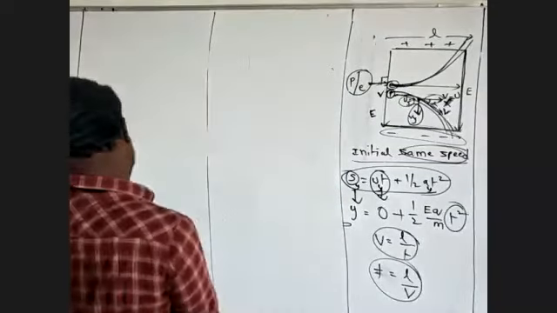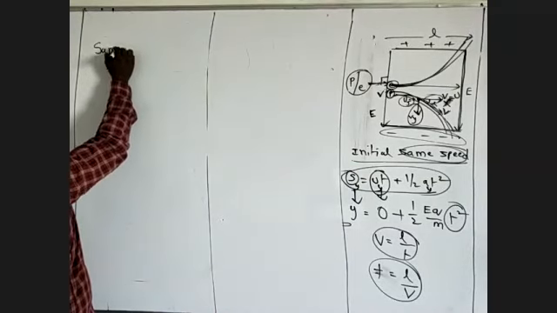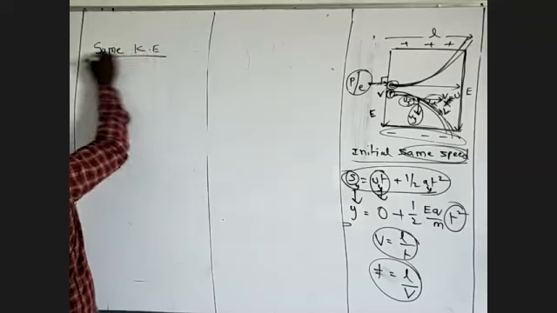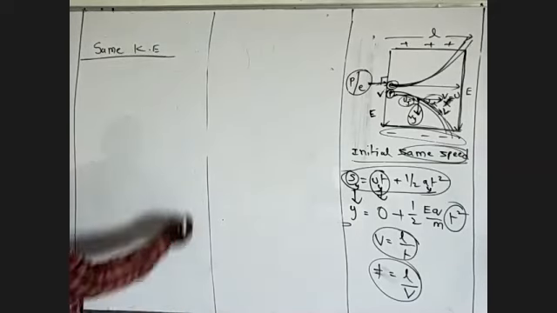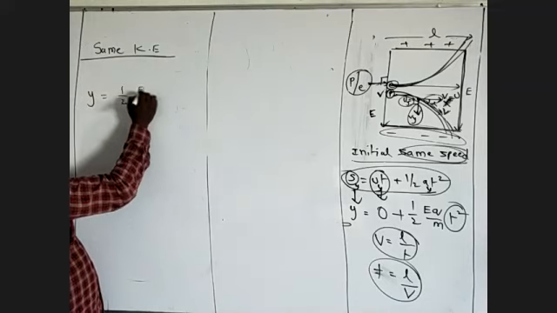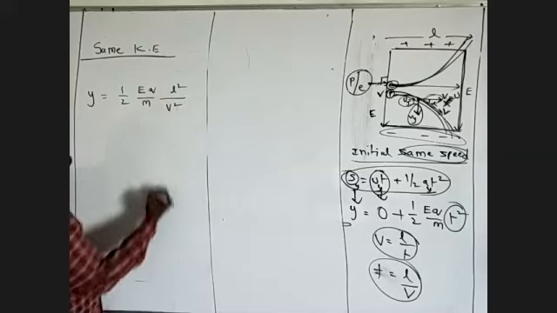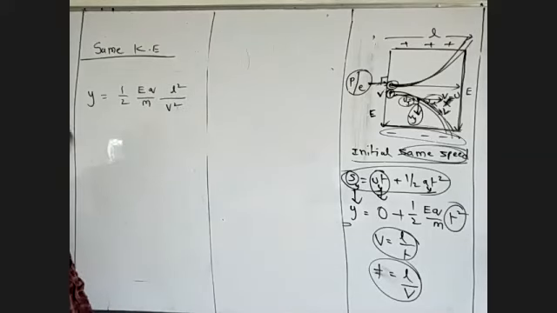Now next case, same kinetic energy. Same kinetic energy means y is equal to 1 by 2 eE by m L squared by v squared, that is eE by m v squared.